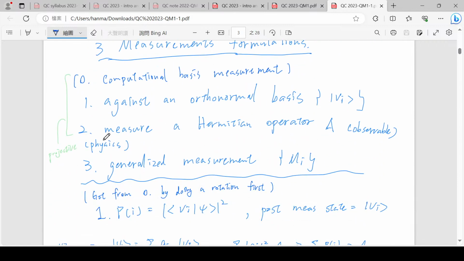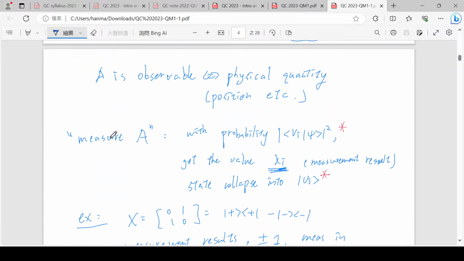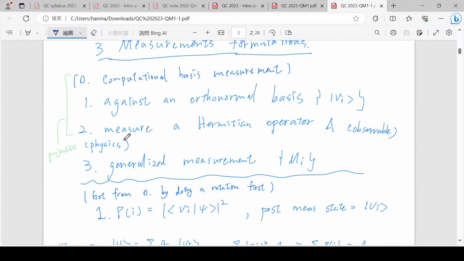Then we can measure against a Hermitian operator. This is basically measuring against an orthonormal basis, but for every basis element you associate some real number corresponding to a physical quantity.